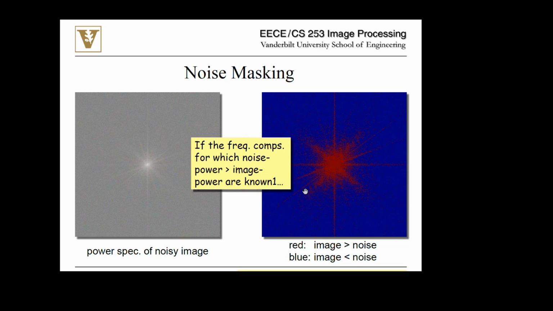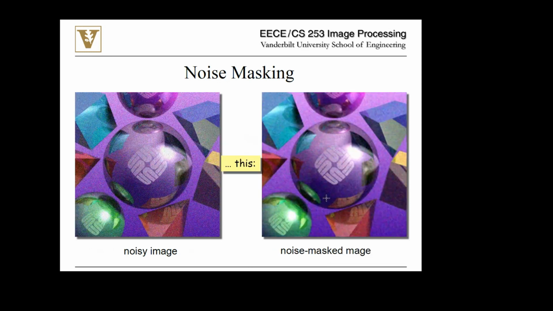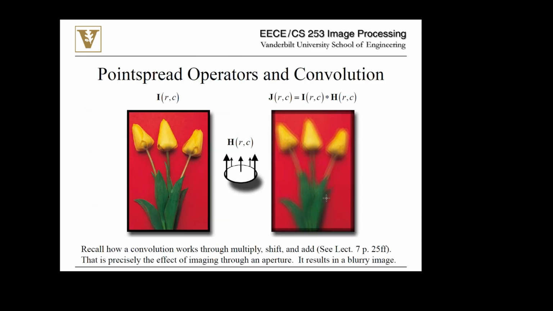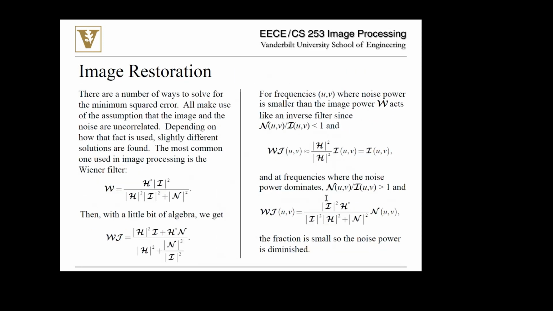You have to characterize somehow this ratio. What is the signal to noise ratio over all frequencies? But this is something that you can do. So you don't need I, but you need this signal to noise ratio at each point. It's a minor condition.